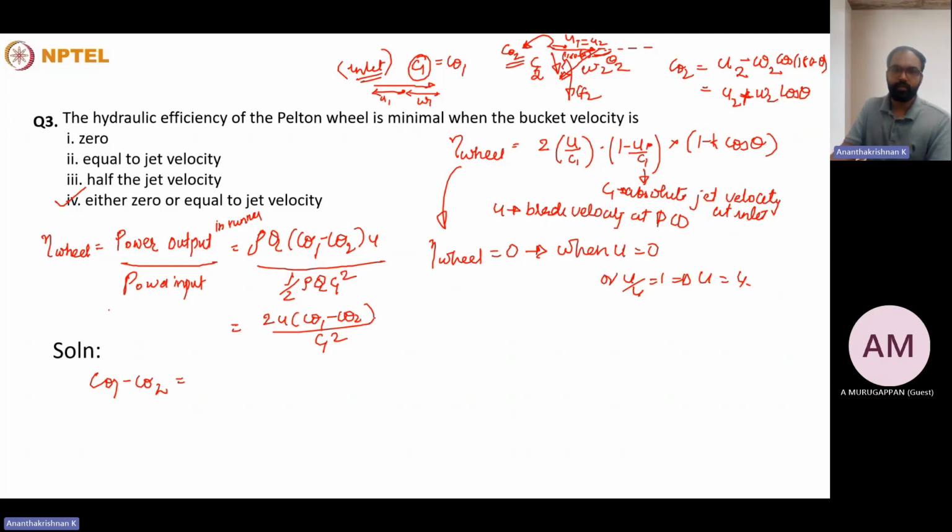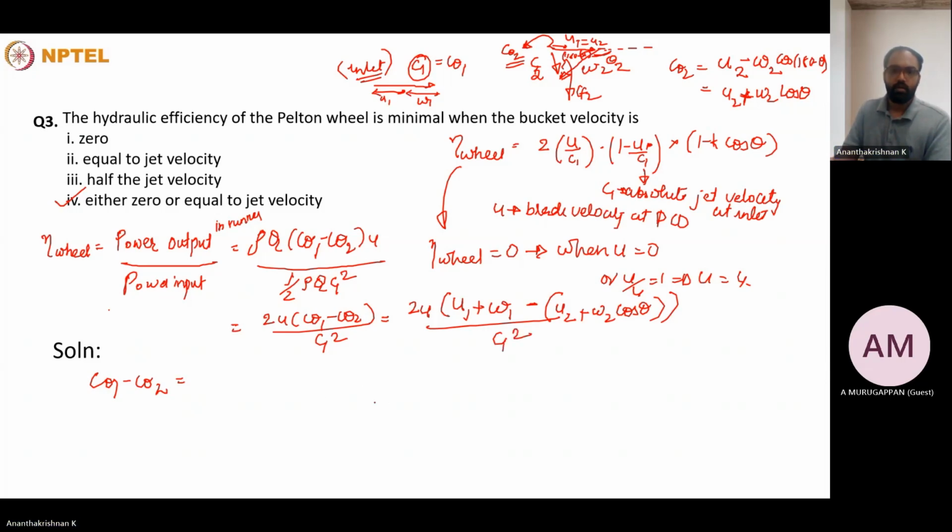So 2U multiplied by C theta 1, and C theta 1 can be represented as C1, that will be equal to U1 plus W1, minus of C theta 2, which can be represented as U2 plus W2 cos theta, divided by C1 squared.